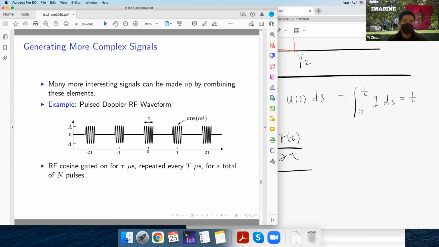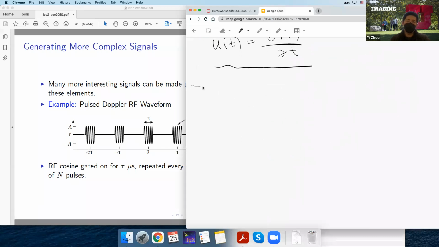And after that, the signal will disappear for a constant period. And then the cosine signal will appear again for another tau seconds. So this signal is kind of like a windowed signal. For every period of time, we will place a window on top of this cosine signal to cut out part of the signal.